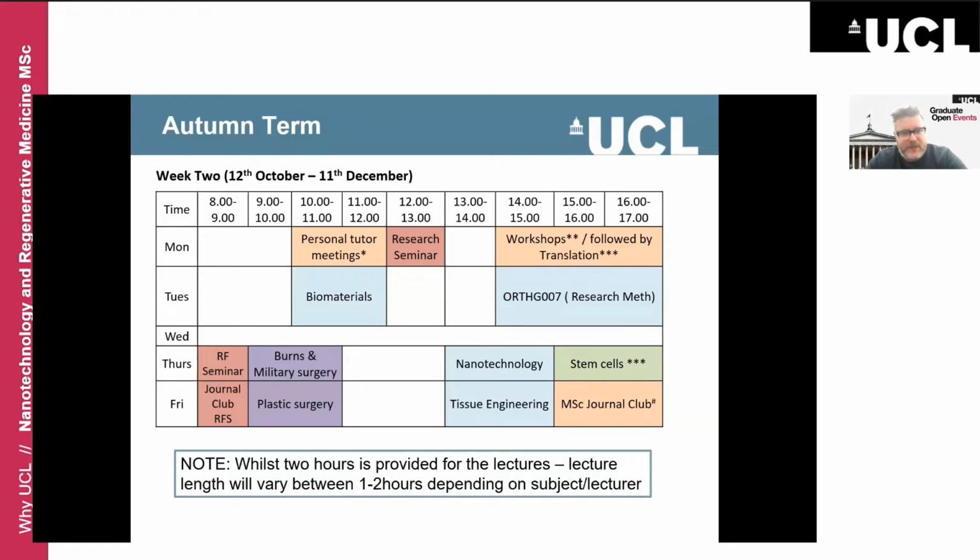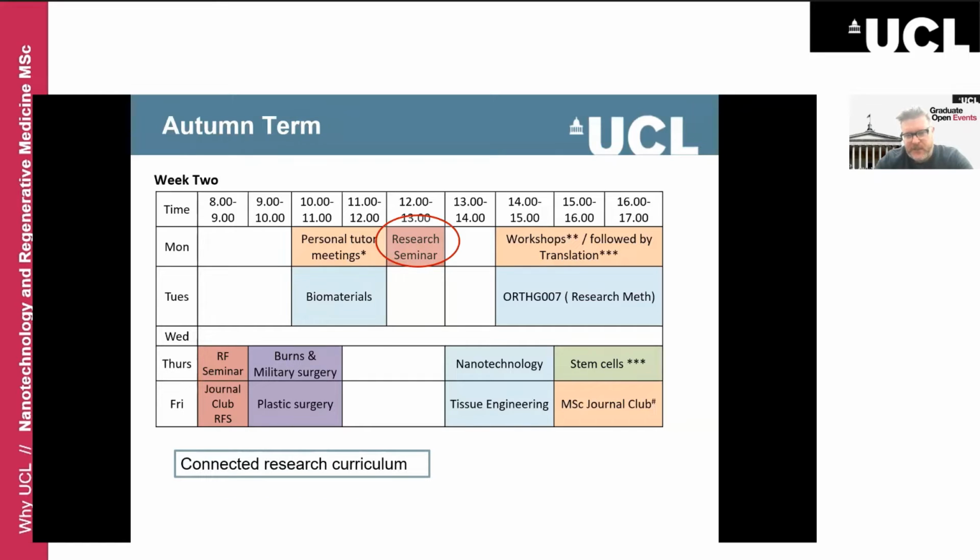So this is what the timetable looks like in term 1, where you have the core modules, biomaterials, tissue engineering, nanotechnology, and research methodologies, but there are also additional optional co-curricular activities that we encourage you to do, such as a weekly or bi-weekly research seminar where guests are invited to our division to speak, and all the students are invited to engage in the research.